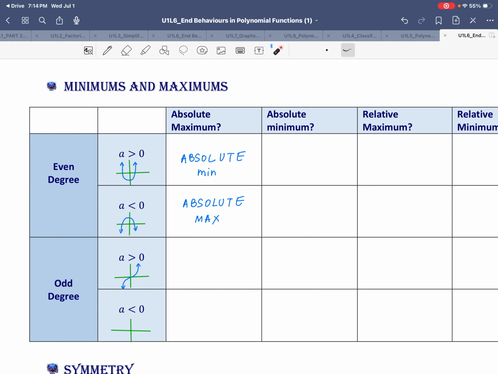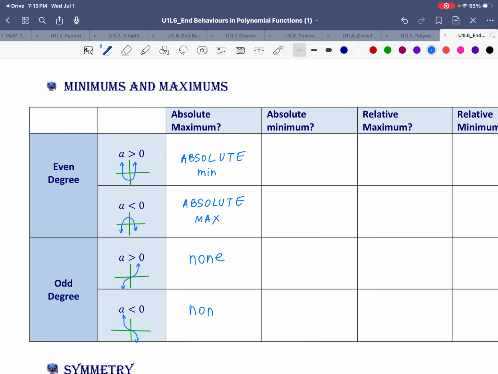But when a is positive, it can get away with no turns at all. When a is negative, same idea, it can get away with no turns at all. Now when it comes to absolute min or max, the end behavior of odd degree polynomial functions, where the y values increase to infinity on one end and decrease to negative infinity on the other, doesn't allow the graph to have an absolute min or absolute max. So we're going to say that odd degree functions do not have absolute min or absolute max.